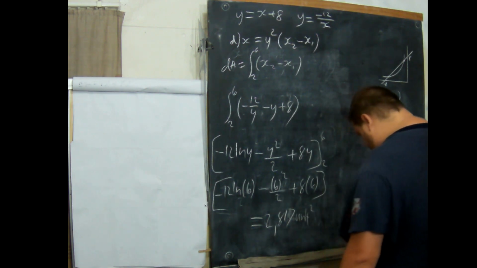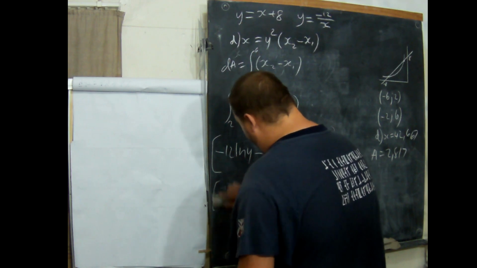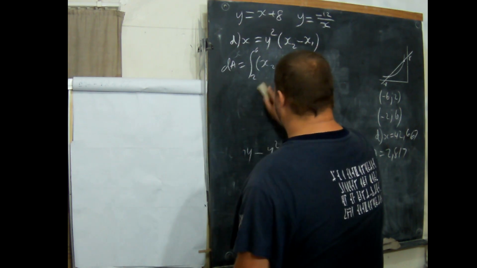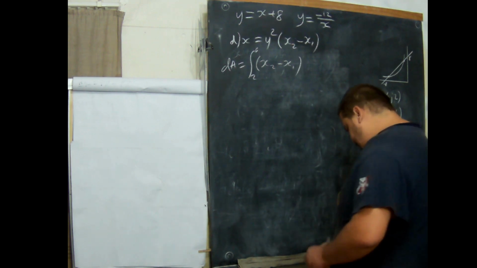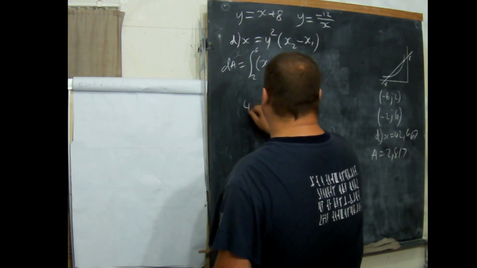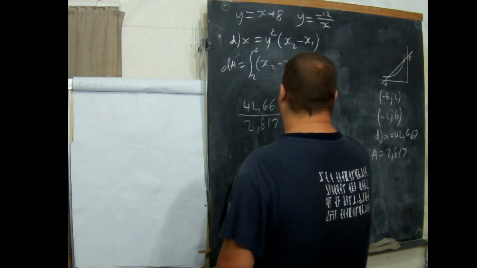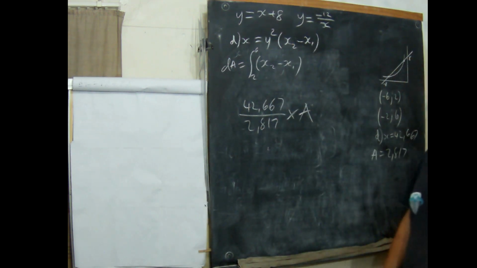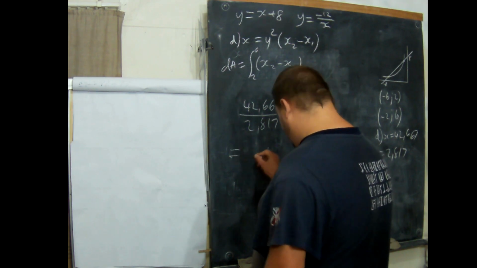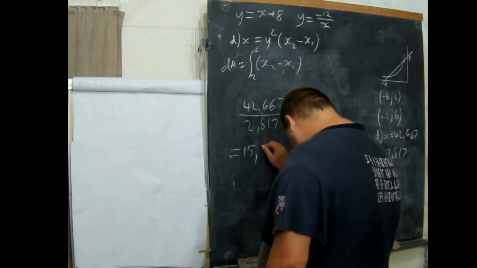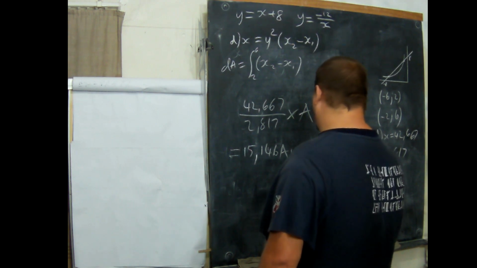Alright, so now all we have to do is say 42,667 divided by 2,817 times A. Alright, so our answer will be equal to 15,146A units to the power 4.